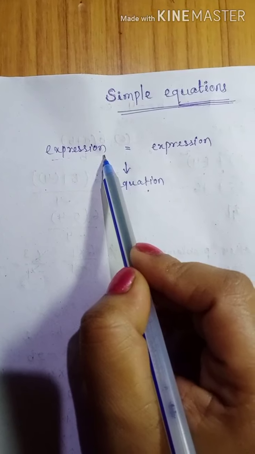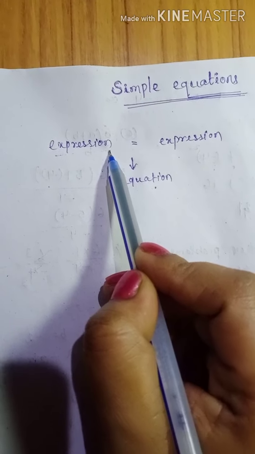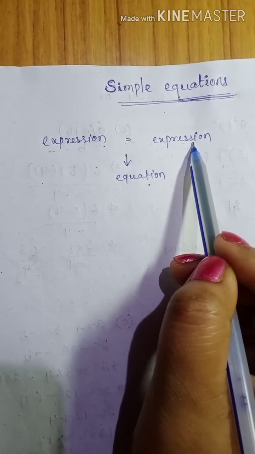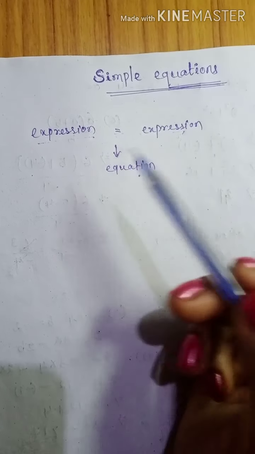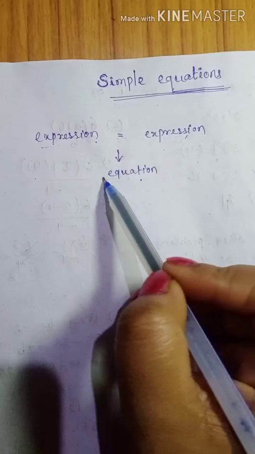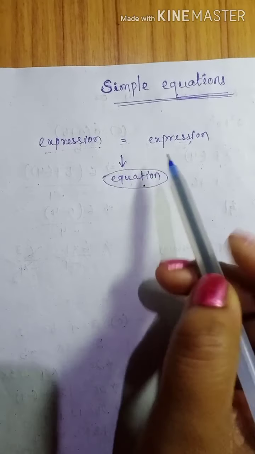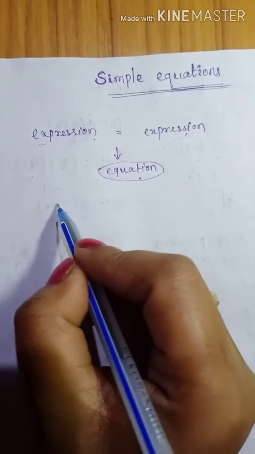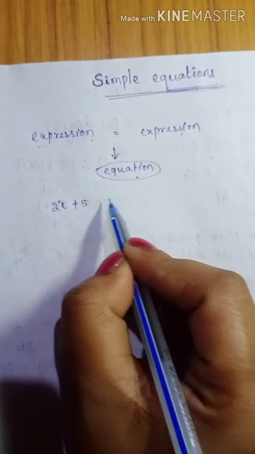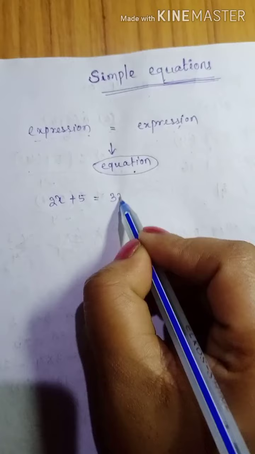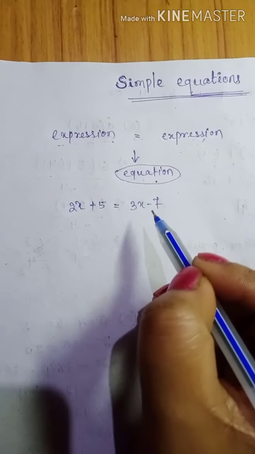When there is an algebraic expression, and it is equal to another algebraic expression, then the mathematical statement is termed an equation. Let me take an example: 2x plus 5 is equal to 3x minus 7.